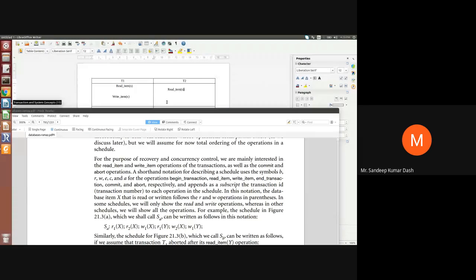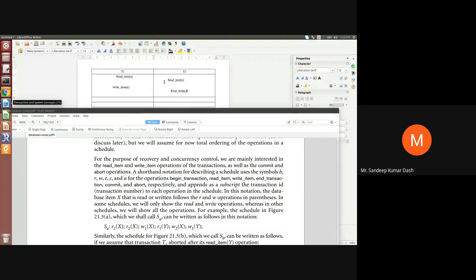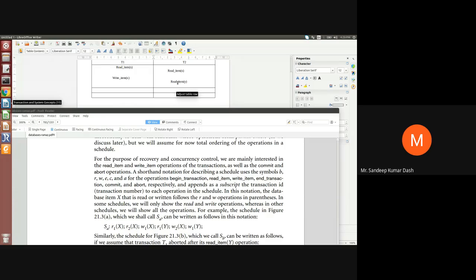So this one will be reading. You should not write it in the same row because this is one operation. At the same clock cycle, no other operations will be performed. This is in the next clock cycle. So likewise, this will go.